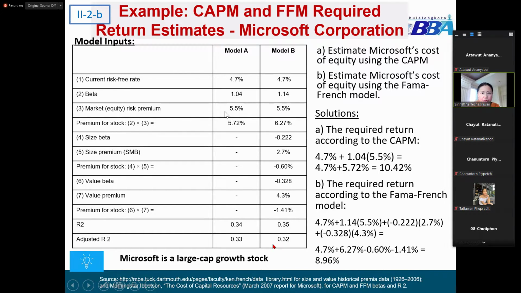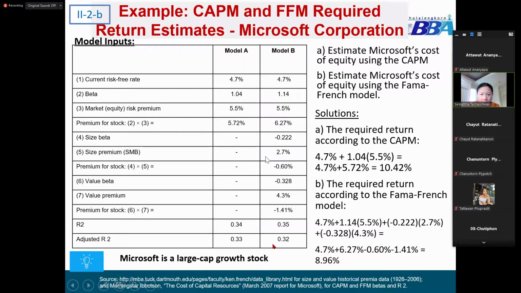So in addition to the equity risk premium, they also run the model against the size premium, the return from small cap stock minus big cap stock, and the value premium, the return of value stock over growth stock, and have the beta.